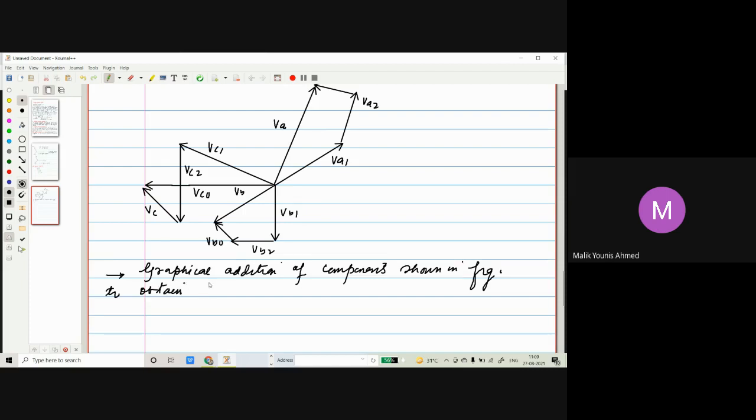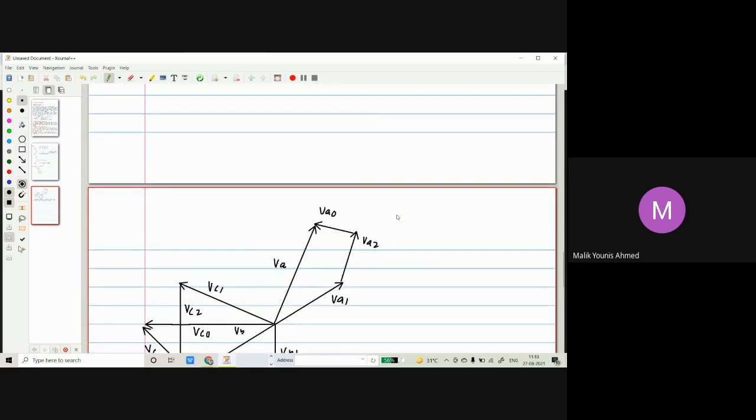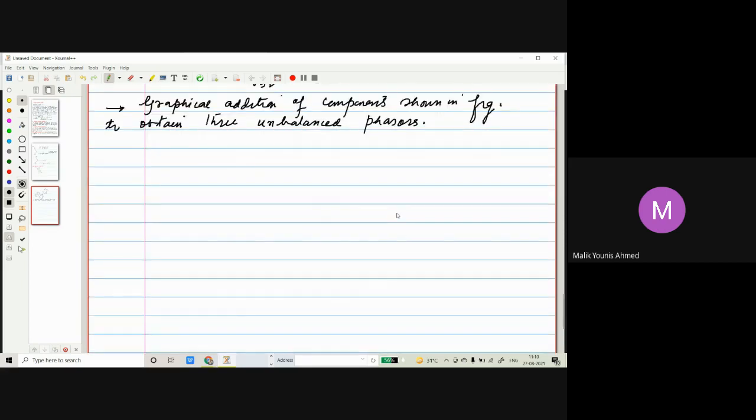Three unbalanced phases. Fine. Okay, that's fine for us. So operator A.